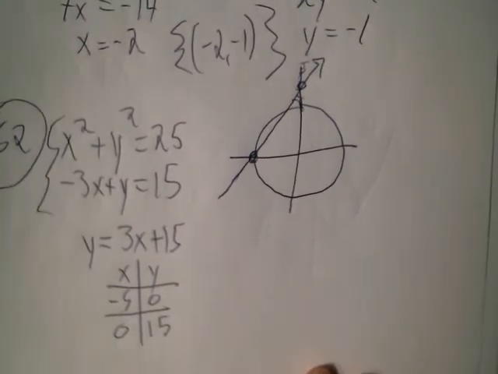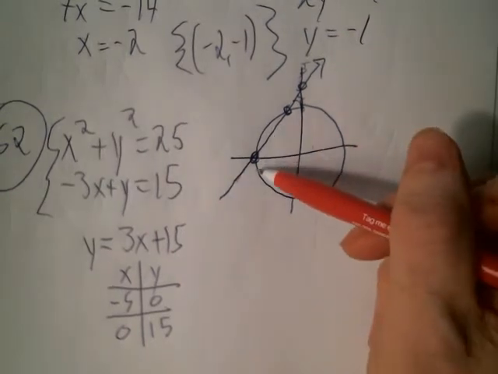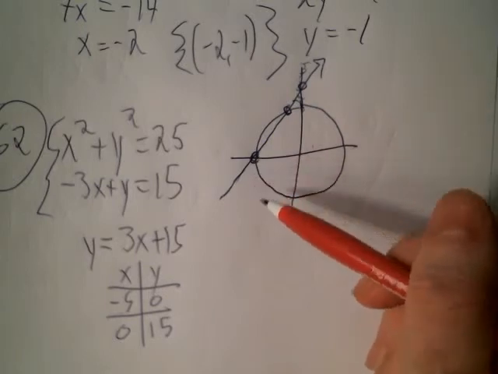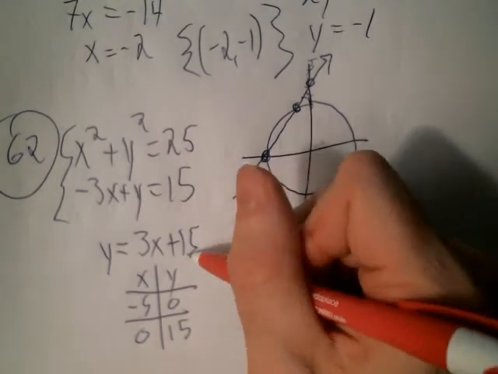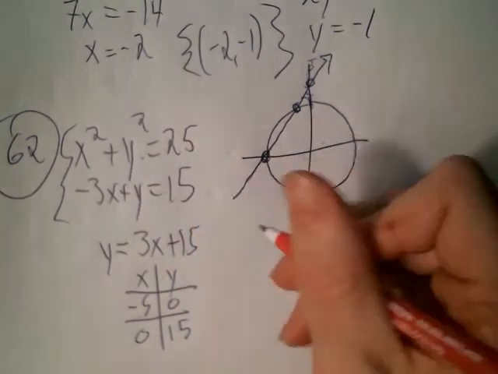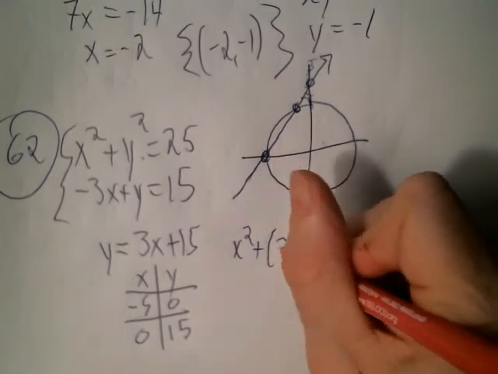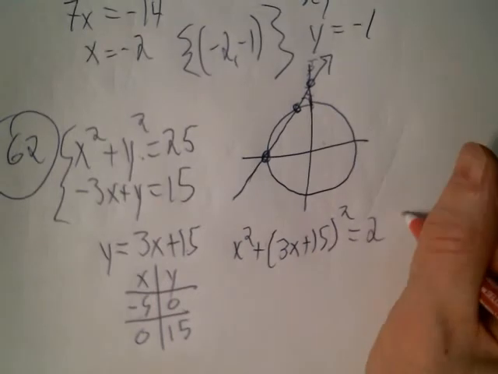Okay, how do we figure out those points of intersection? Obviously one of them we have already: negative 5, 0. Let's get the other one. I'm going to do the substitution method this time, plugging y into the circle equation. So I have x squared plus y squared, where y squared is (3x plus 15) squared, equals 25.